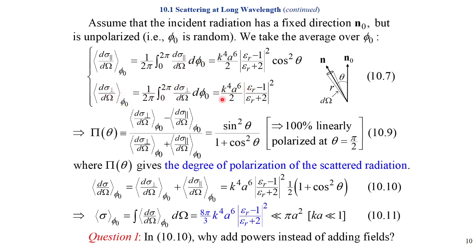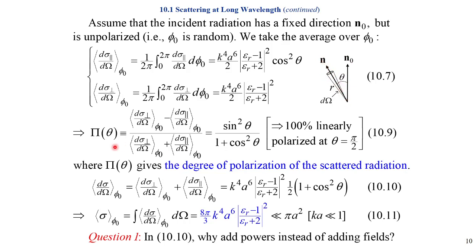We got this one. The same operations. So we will define another notation called pi theta. Theta is the observer's angle, the angle between the incident wave and the observer.